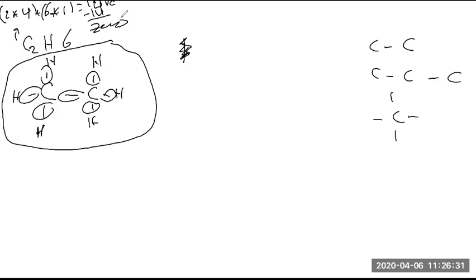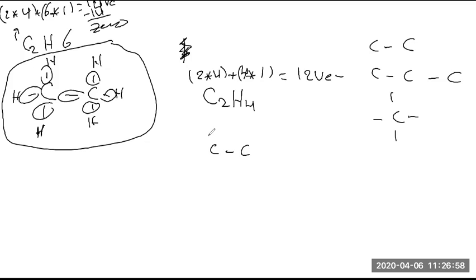Okay, now let's say we have C2H4. 2 times 4 for the carbon plus 4 times 1 for the hydrogen, we will have 12 valence electrons. Put carbon, carbon. Always try to make a symmetrical molecule. So what do you think? If you put something like that, this is not symmetrical.